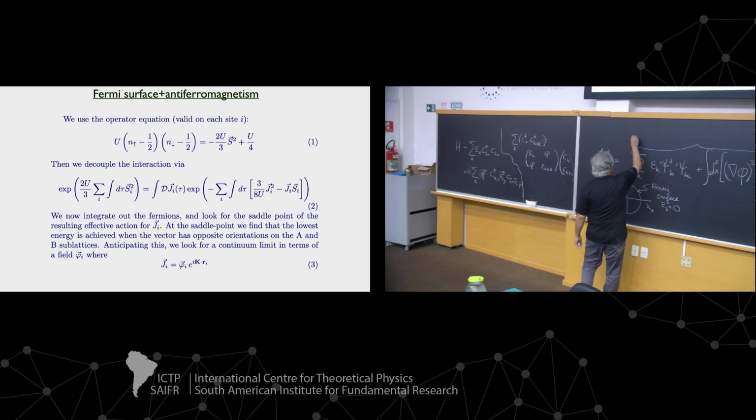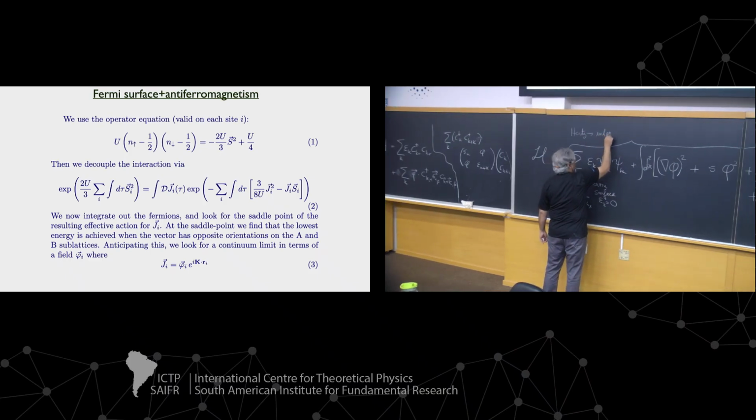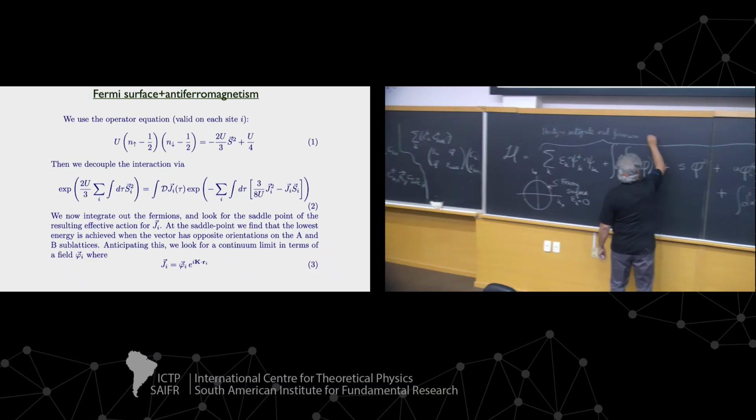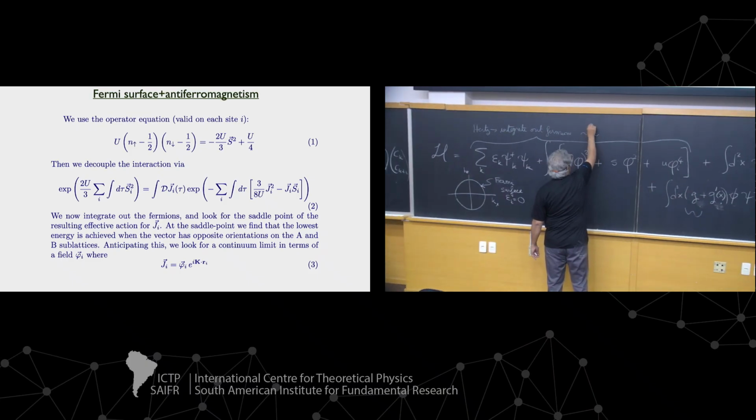So Hertz said, integrate out fermions. Well, in this case, they're electrons. So what will you get? At leading order, you'll just get this one self-energy graph from the fermions.